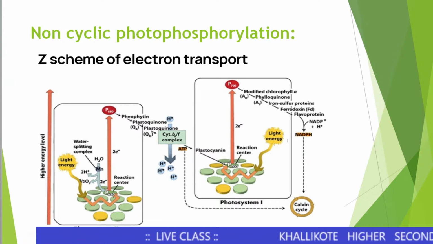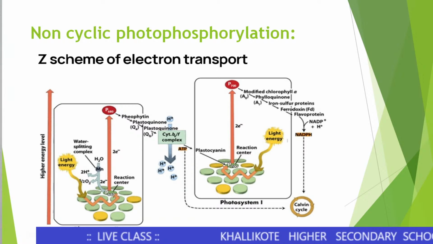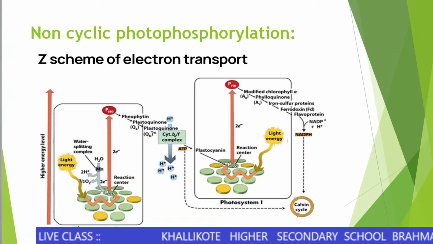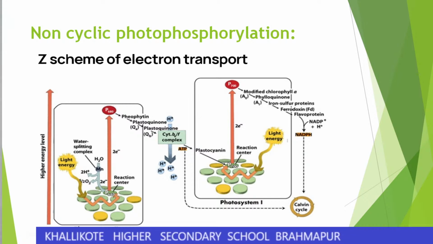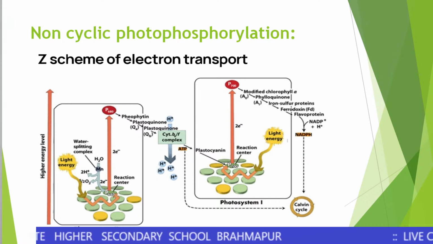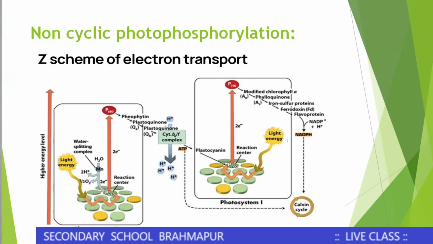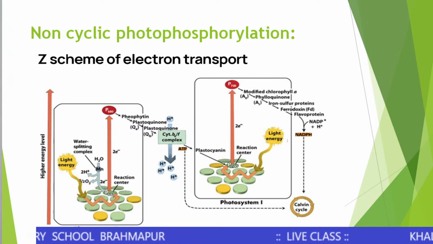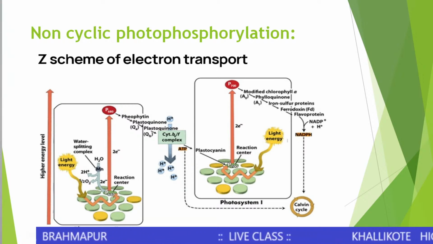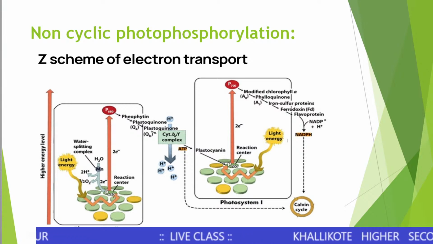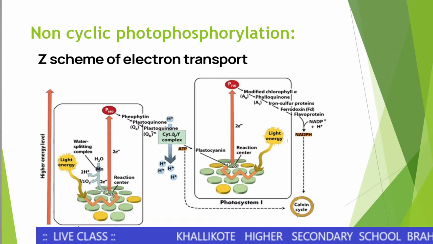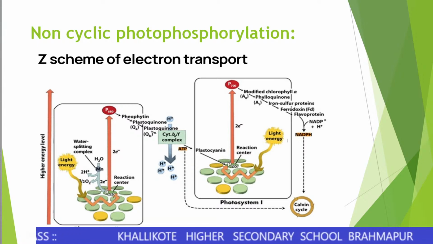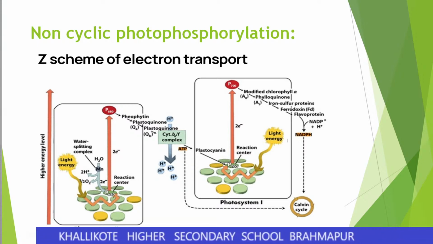The Mn2 plus ions help in the movement of electrons to the P680 molecule. In this splitting phase, the photolysis of water, we find that the oxygen molecule is evolved. The evolution of oxygen occurs much before glucose is synthesized by carbon dioxide fixation.